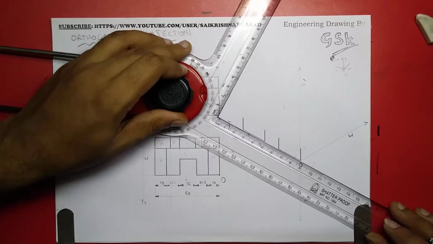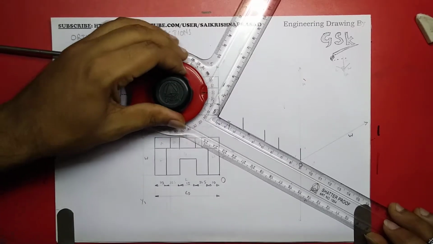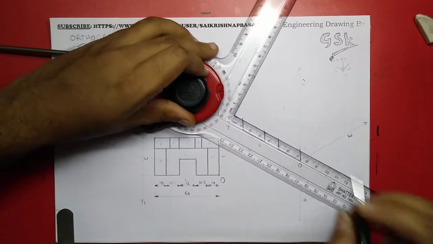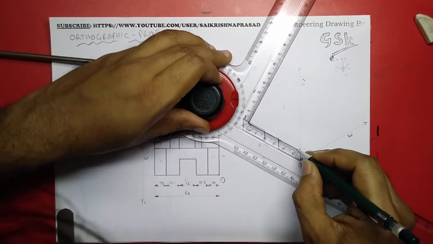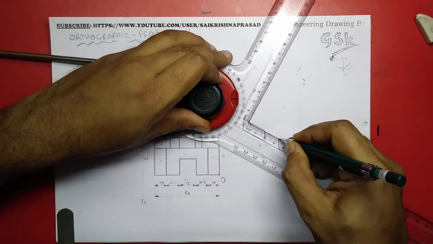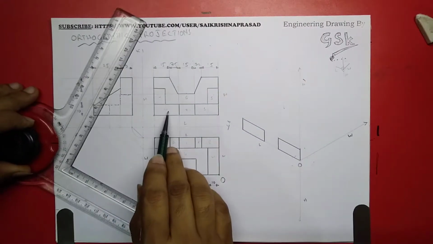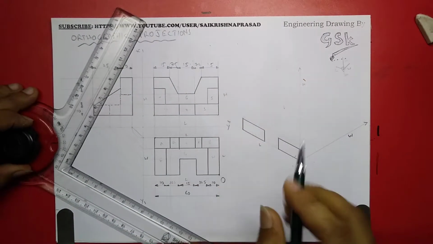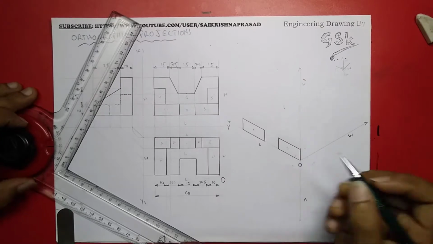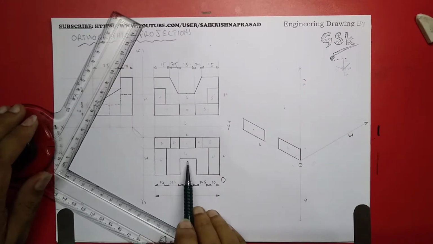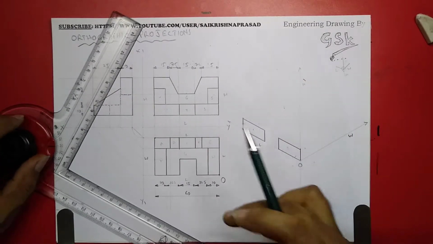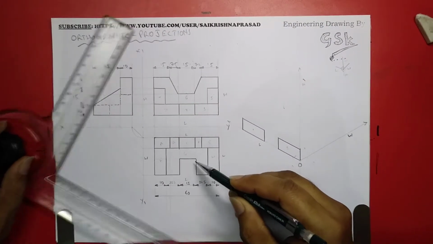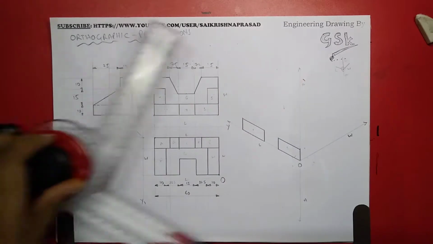Next I'll keep for the length, and I'll close this. So here I have drawn this 1 and 3 over here. Next, surface 2 is this one, because 2 is going inside. So I could consider the width also from here to here, that is 15.